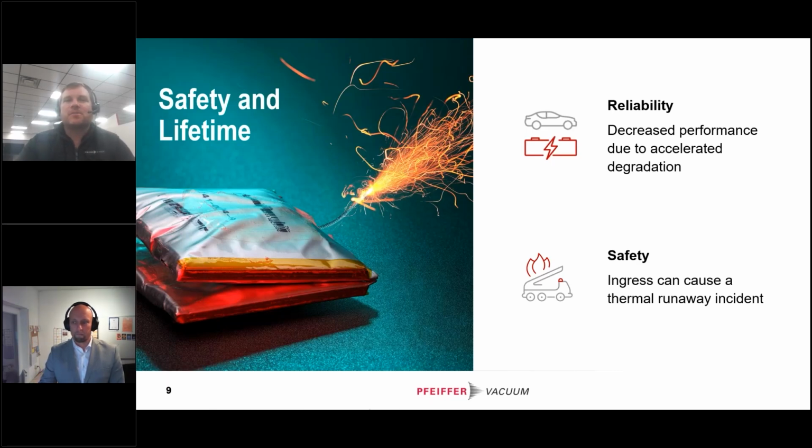But also it's extremely important, especially with these products, to keep in mind that the safety of our customers is very important too. We have potential issues that can be very dangerous for the consumer, for the end user. So maintaining a high testing standard is very important from that standpoint.